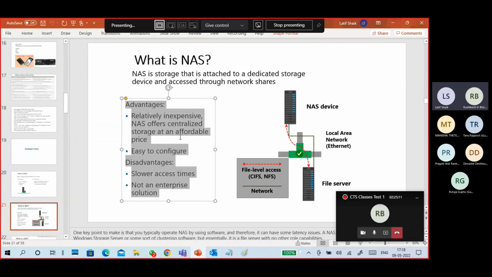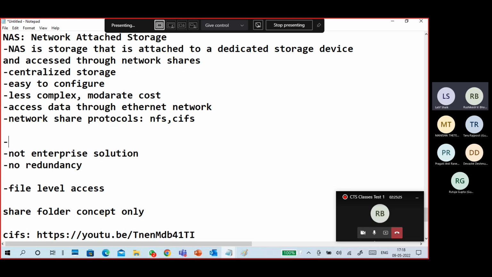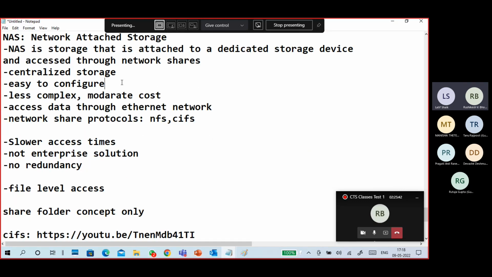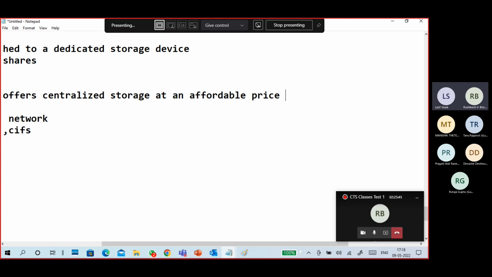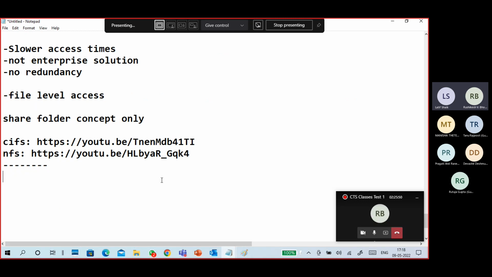NAS offers centralized storage at an affordable price, easy to configure, but slower access time, and not an enterprise solution. Why slower access time? Because we use a regular Ethernet network with copper cables, so the data transmission rate is very slow. Affordable cost, centralized storage. So this is about your NAS.